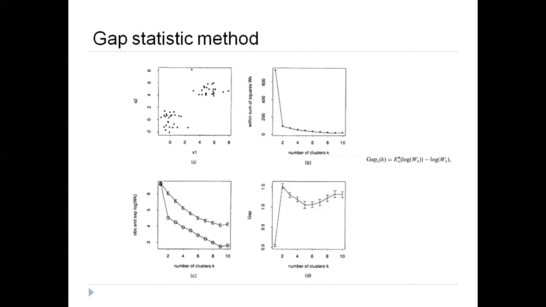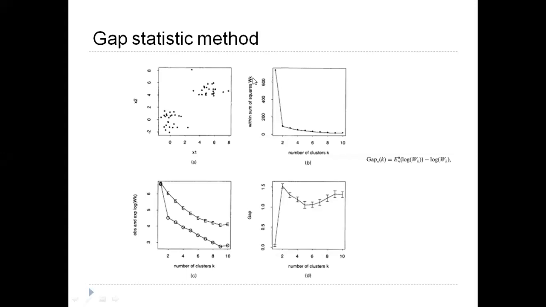In the gap statistic method, you create a standard uniform distribution and then calculate the within sum of squares for that distribution.